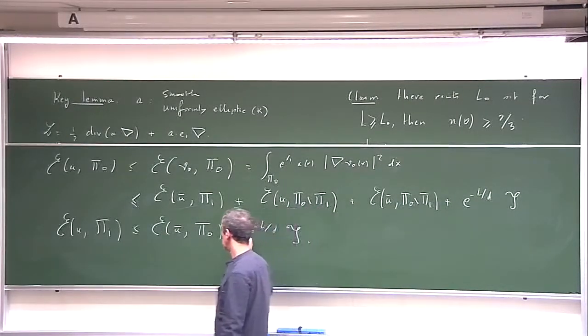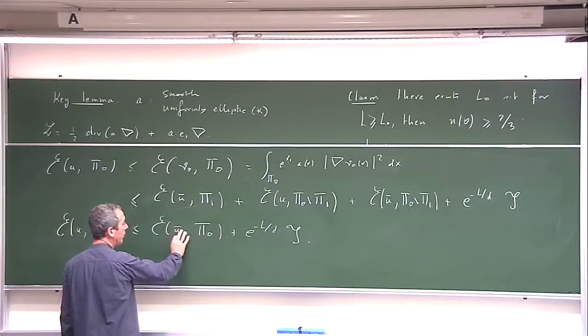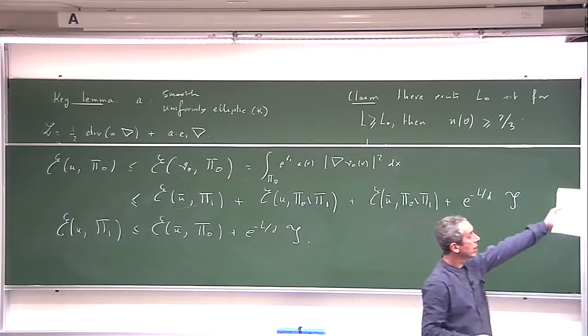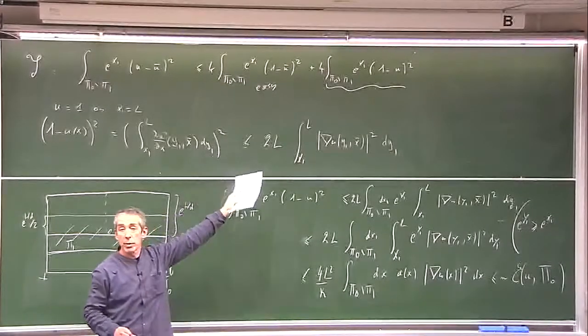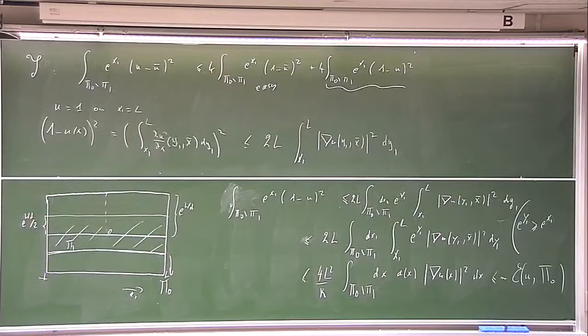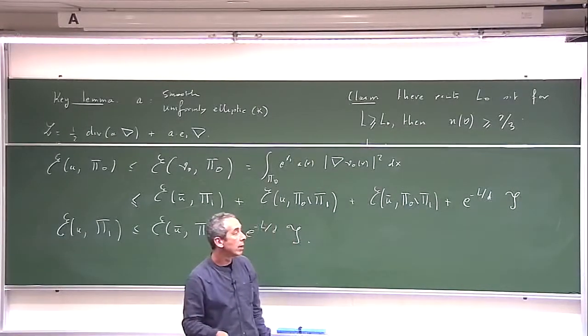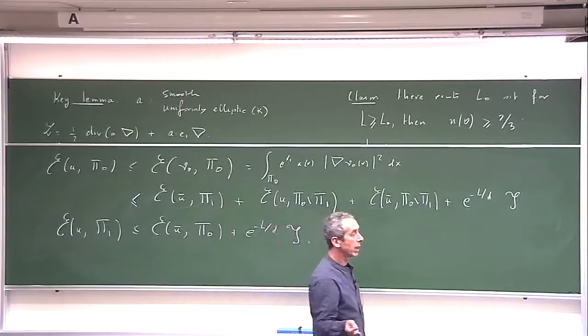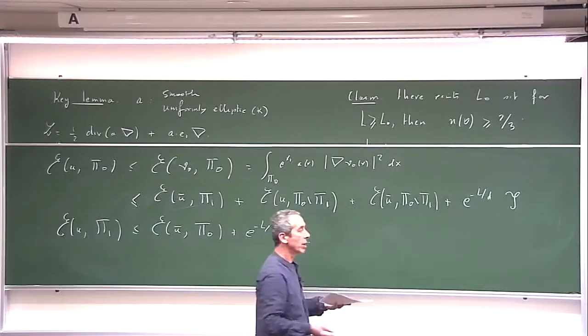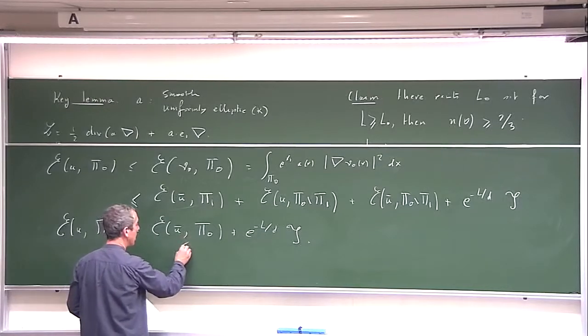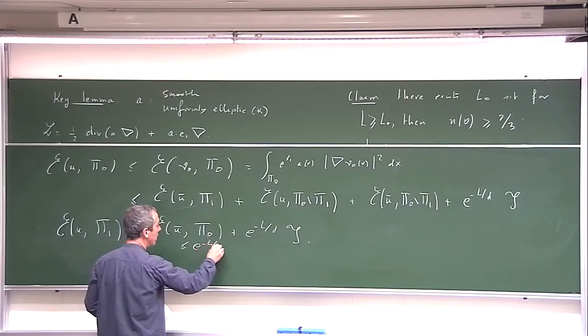Now, we have to estimate the energy of u bar on pi 0, but we also have to estimate the first term over there, which has a u bar. But this is very simple, because u bar is localized where x1 is minus L. And then we have this weight exponential x1, which is of order exponential minus L. So all the terms like this one are lower than exponential minus L to the d.